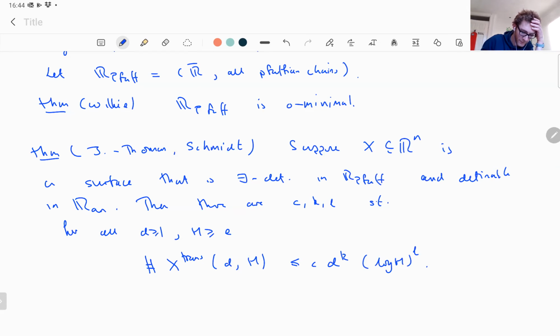So in the version that Margaret and I had, we didn't have this here. We just counted points whose coordinates lived in some fixed number field. And Harry observed that the proof just gives this as well, really. So what's this doing? Definability in R_an gives us a mild parameterization.